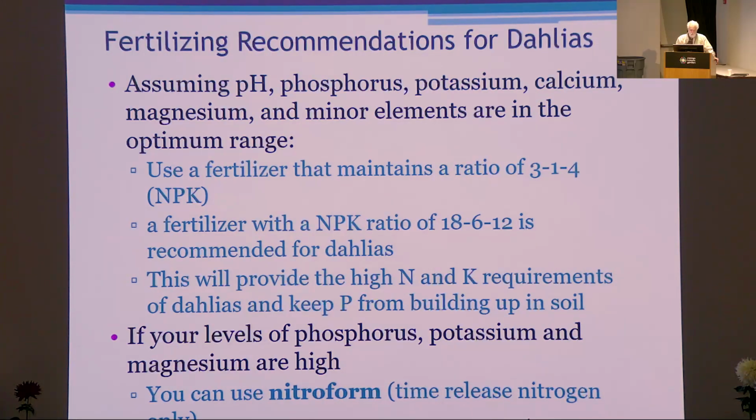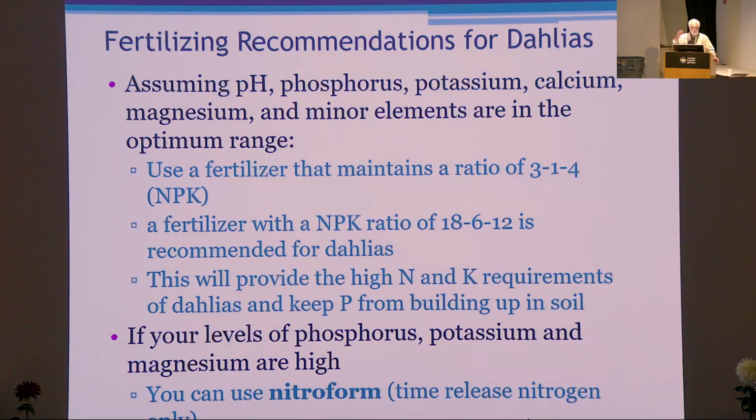Now, if you're like most of us and the levels of those phosphorus and magnesium and potassium are off the charts, there is a product called Nitrofoam. It's a slow release nitrogen only. And I've used it for years and it works extremely well. I basically accepted the fact, and I'm not going to argue with you, it was hard to do the first year, to just switch to nitrogen only and not add any more phosphorus and potassium, but it made absolutely no difference.